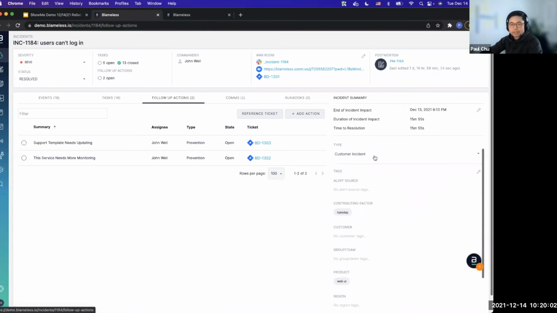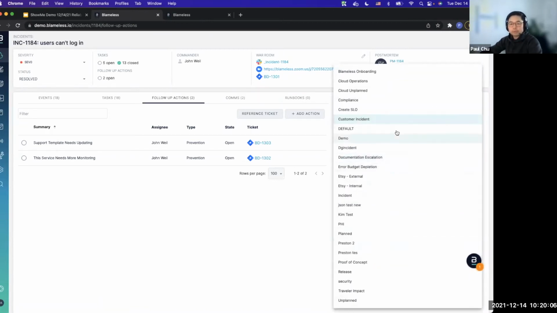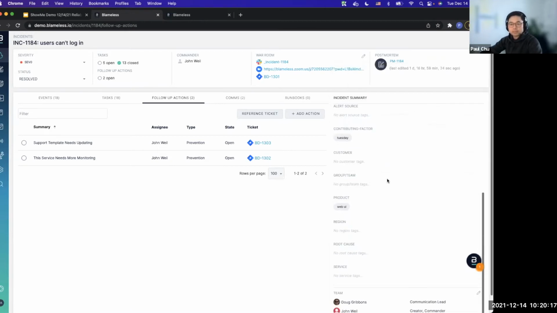We'll also track things like different incident types. Based off of how you deploy Blameless, you can have incident type be one of the categories that you're tracking across various data sets. And then also tagging. This is going to be very important as well. Blameless helps push the ability to make sure that these tags are incorporated.